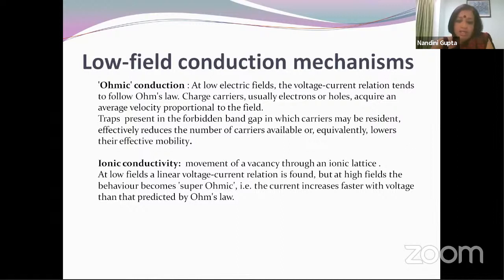At low fields, you will find that the ionic conductivity also follows an ohmic relationship. But when you go to higher fields, the behavior becomes super ohmic, in the sense that it no longer follows Ohm's law, but current increases at a faster rate with voltage than that predicted by Ohm's law. I'll come back to this point later.